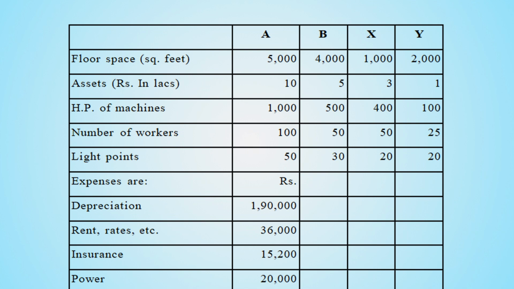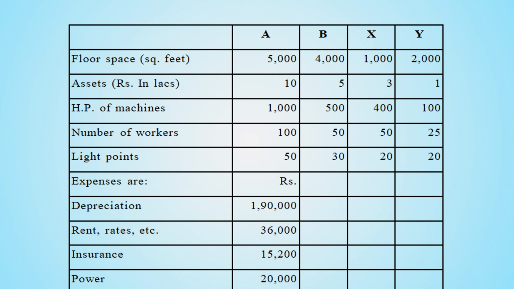Floor space in terms of square feet given: for A it is 5,000, for B it is 4,000, for X it is 1,000 and for Y it is 2,000. Assets in rupees lakhs given: for department A it is 10 lakhs, for department B it is 5 lakhs, for department X it is 3 lakhs, for department Y it is 1 lakh.